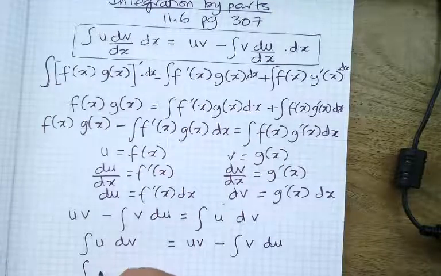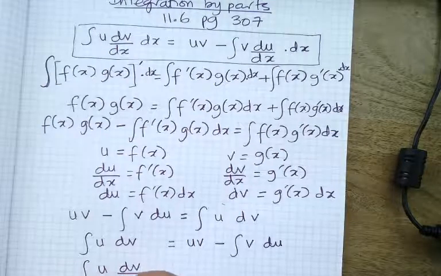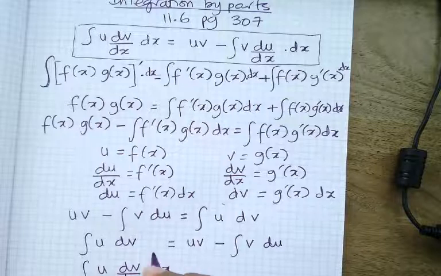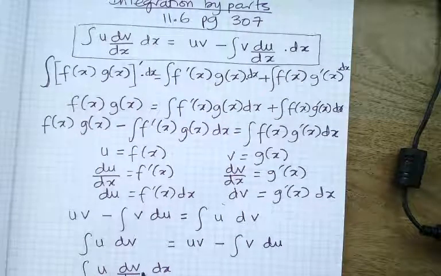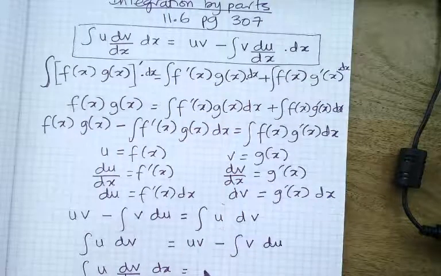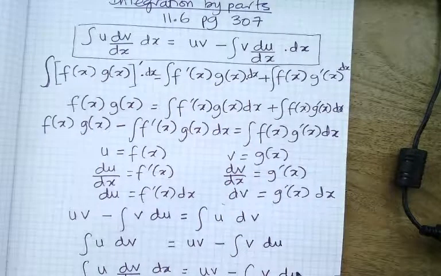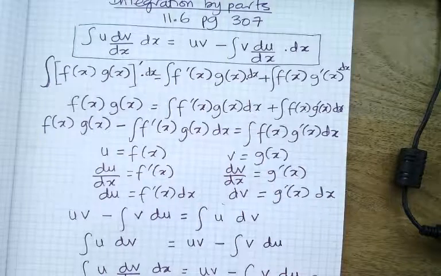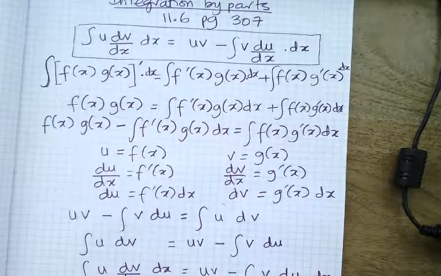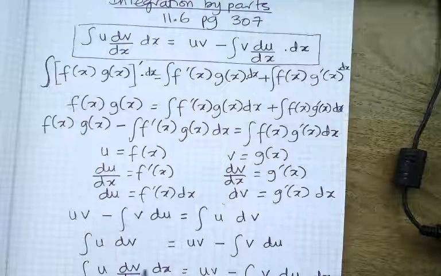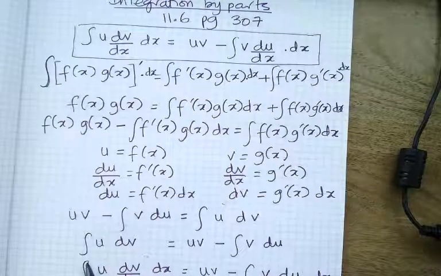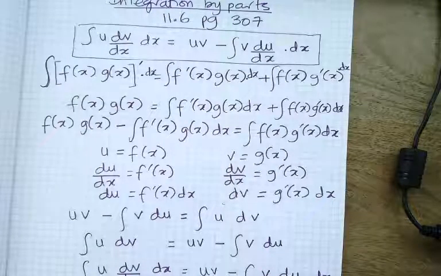I've got what I wanted, because look, dv by dx times dx is actually dv, so that gives the integral of u dv. uv stays as it is, and then v du by dx multiplied by dx doesn't actually do anything, but it just gives it in a nice form, because you're integrating, so you've got to have a dx there.